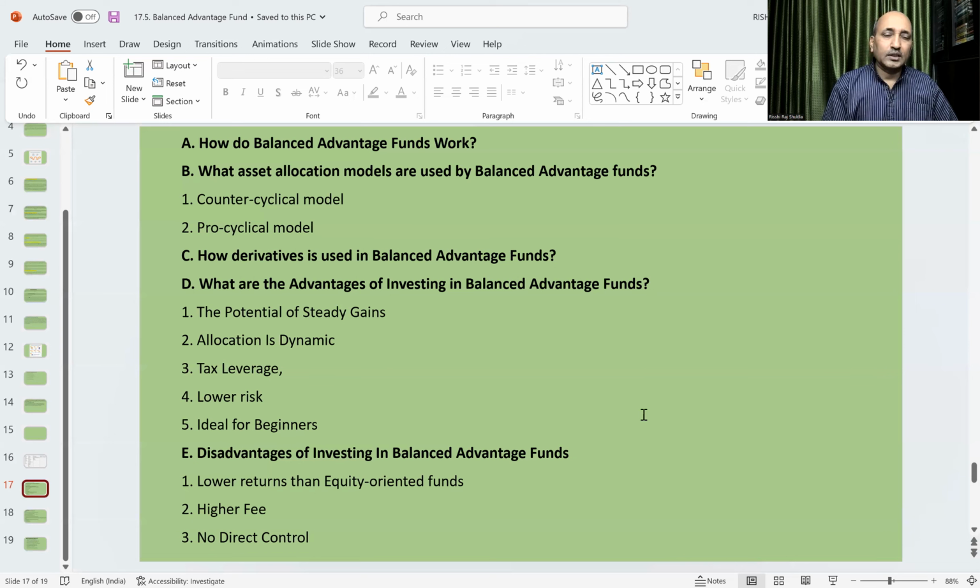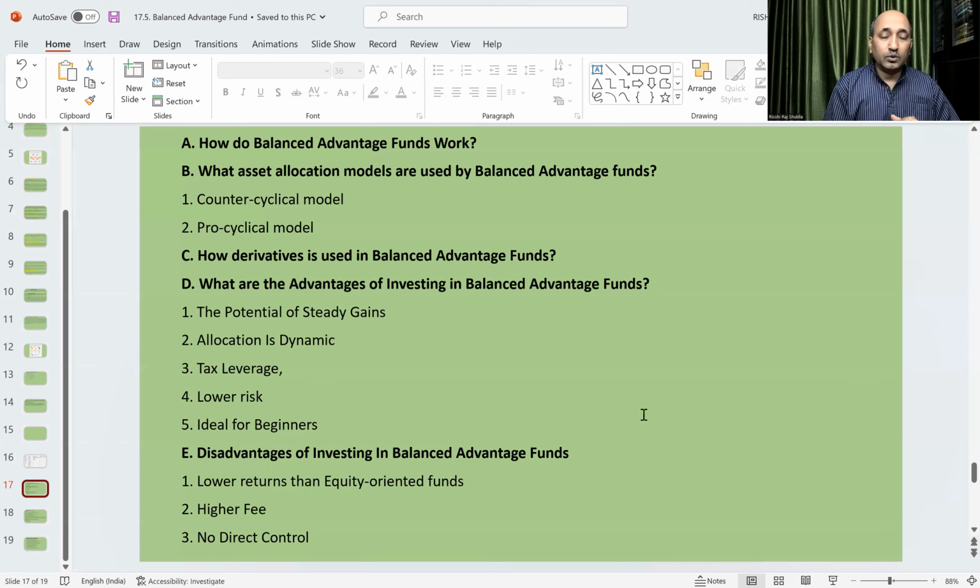Another is that allocation is dynamic. This is another advantage. As per market condition, allocation is dynamic, not fixed. Does the fund manager have to have 80% or 70% or 65% in equity in any market condition? No. As per market condition, they can shift between equity and debt. Even arbitrage can be used as per requirement.